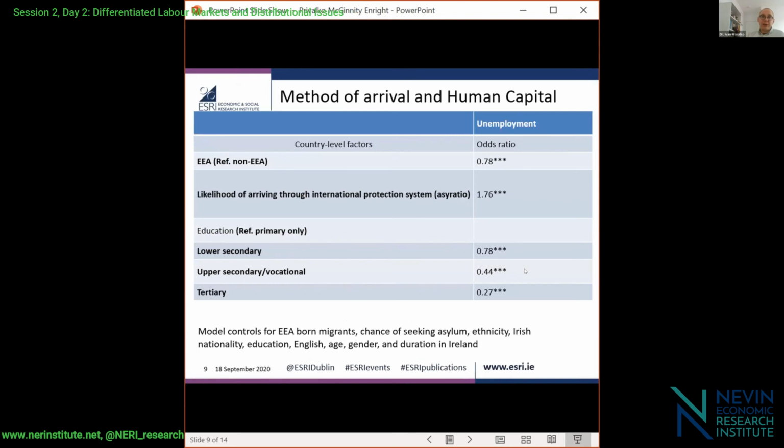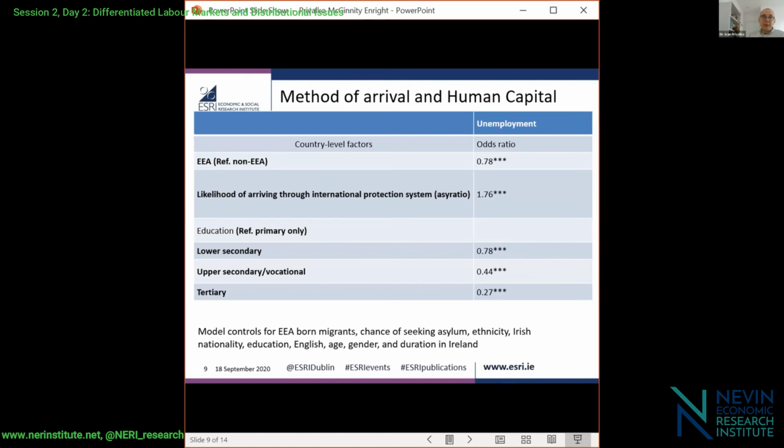So here are our results following the logistic regression. These are listed as odds ratios, so a value higher than 1 has a positive effect on unemployment, and values below 1 have a negative effect. The model controls for all of the things I mentioned previously.